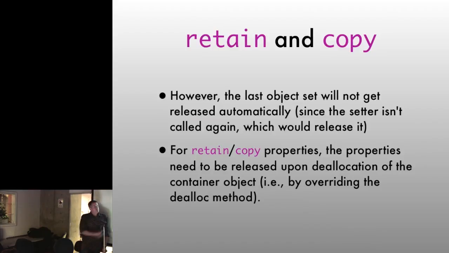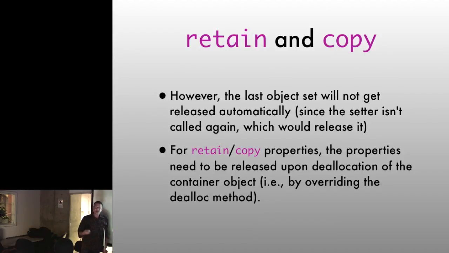You need to release the last value that was copied. So if you have properties that use retain and copy, you still need to make sure that what they're pointing to gets released correctly, which means if they've got objects within objects within objects, they need to be released also.